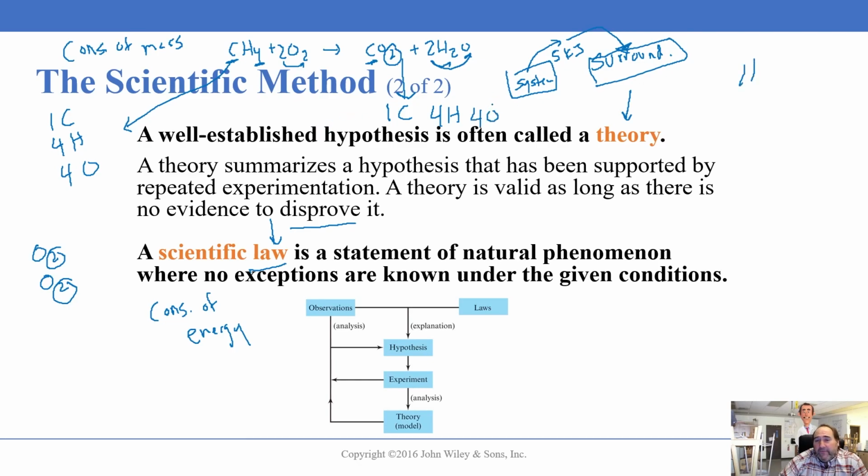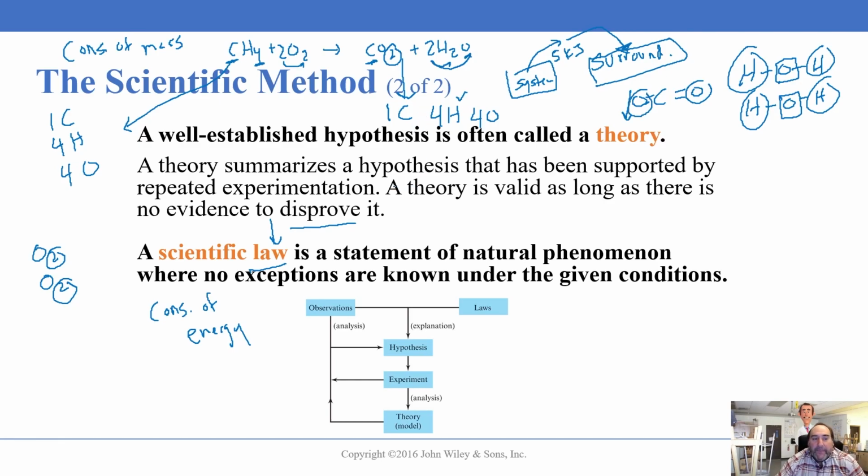By the way, the 2 in front of the water means we have 2 molecules of water. That is our 1, 2, 3, and 4 hydrogen atoms. That is our 1 and 2 oxygen atoms. And our CO2 looks like this, and that is our 3 and 4 oxygen atoms as well.